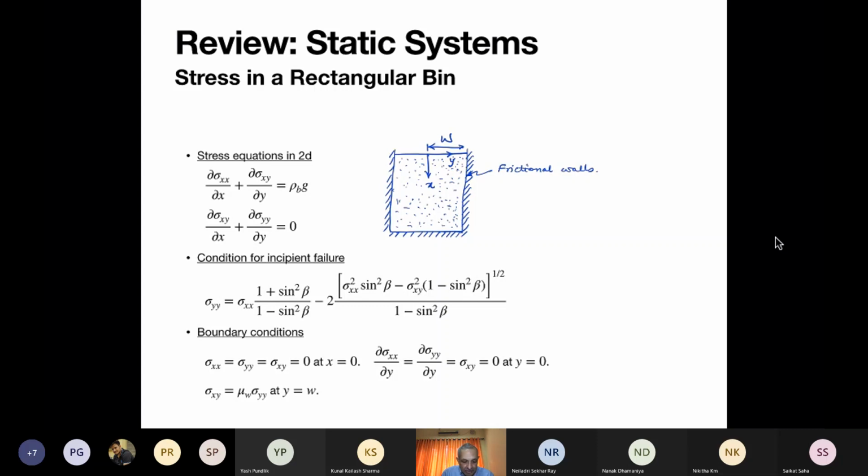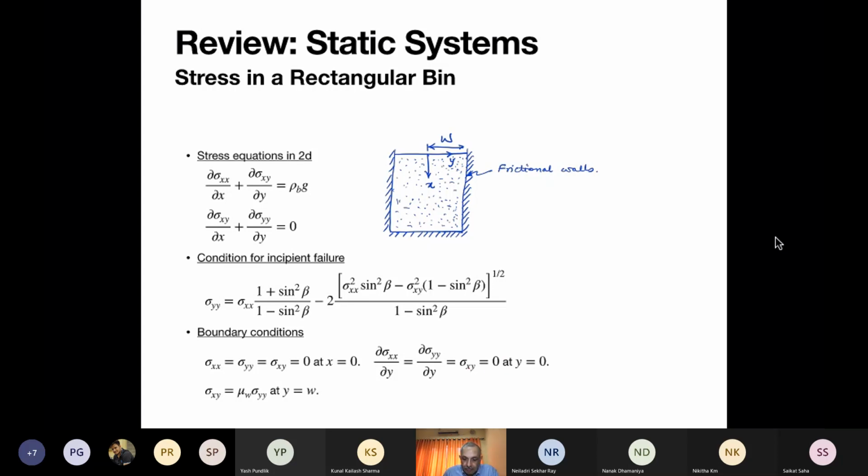And the boundary conditions we saw were that the stresses are all 0 at the free surface. Also, because this is a line of symmetry, both of these gradients are 0 with respect to y. And also the shear stress, because it's positive in one part and negative in the other, is 0 at the center line.